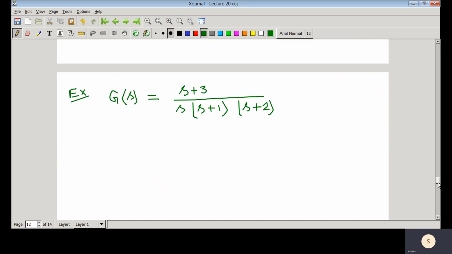So there are 4 factors. The first step is you just represent it in this form.